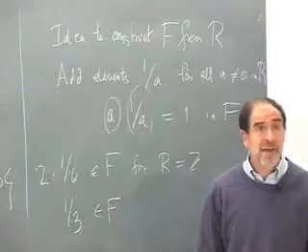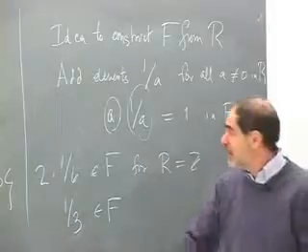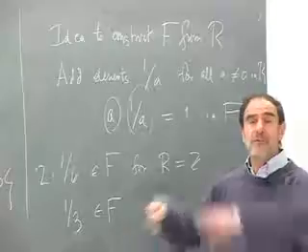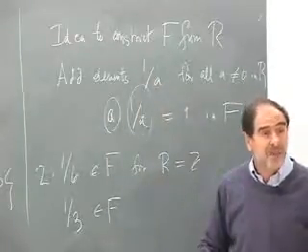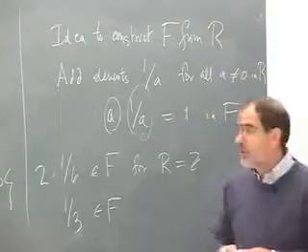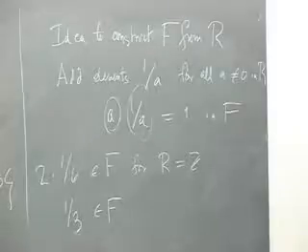And I'd have to be able to tell somebody, some intelligent third grader who was doing this computation, that this number in the field was the same as this number in the field. Namely, these inverses that I'm throwing in arbitrarily aren't so independent from each other. Some of them are related to each other. Right? So the trick is to make a construction and then put an equivalence relation on it. And that's what I'm going to do. And it's incredibly clever if you start to think about it. So here's the construction of F from R.